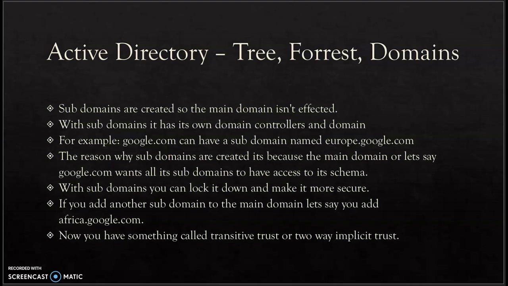If you add another subdomain to the main domain, let's say you add africa.google.com, now you have something called transitive trust or two-way implicit trust.